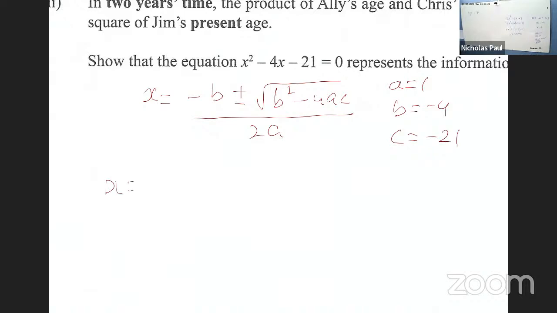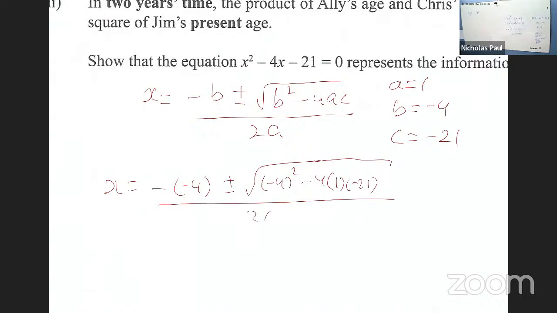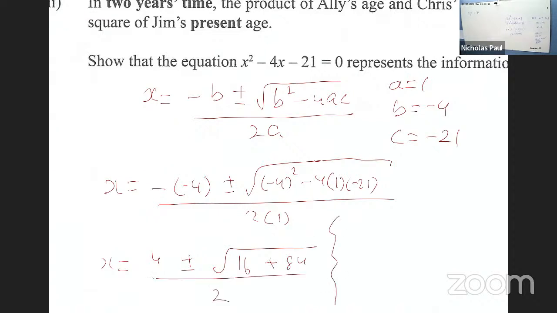So x is equal to minus negative 4 plus or minus the square root of negative 4 squared minus 4 times 1 times negative 21, all over 2 times 1. So it's positive 4 plus or minus the square root of 16 plus 84, all over 2. So the answer will be 4 plus the square root of 100 over 2, and 4 minus the square root of 100 over 2.